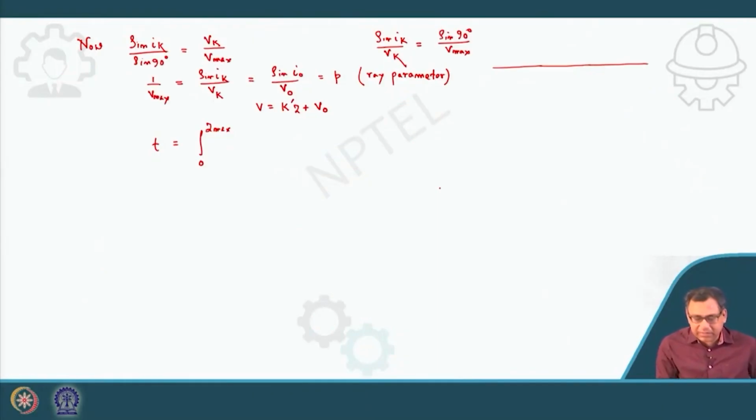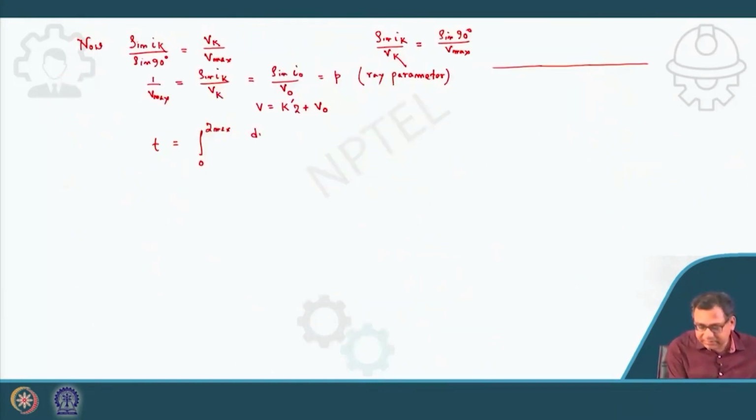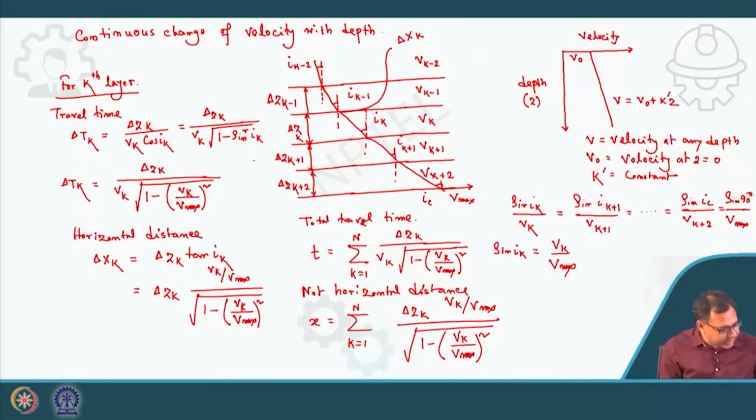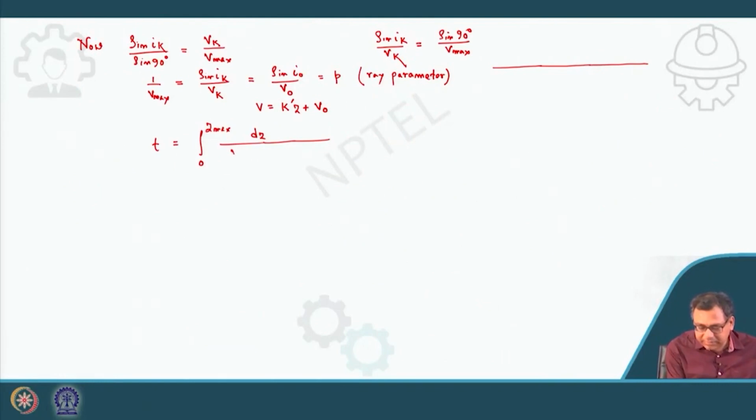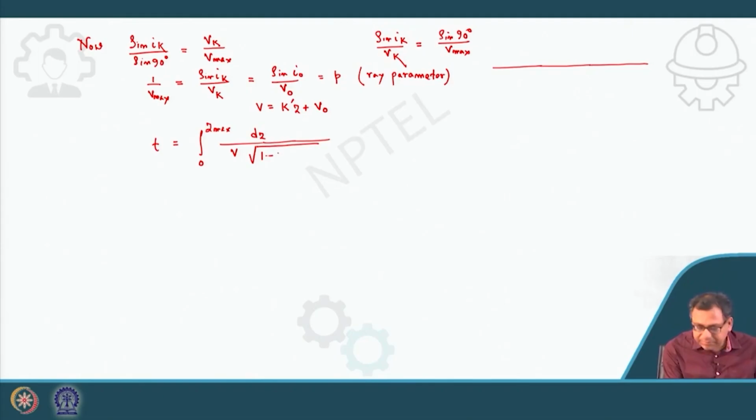So it will be the integral to z_max of dz divided by V root over 1 minus p square V square.